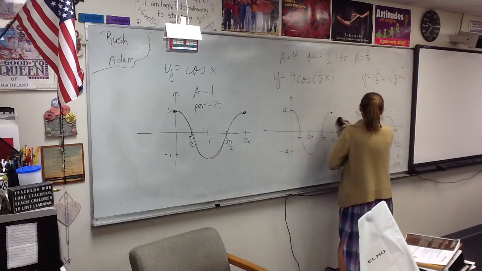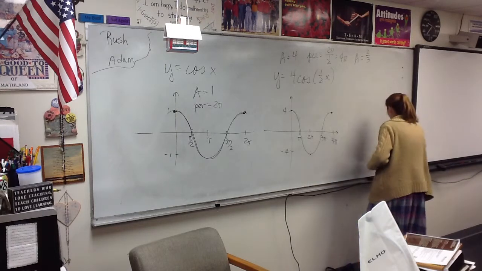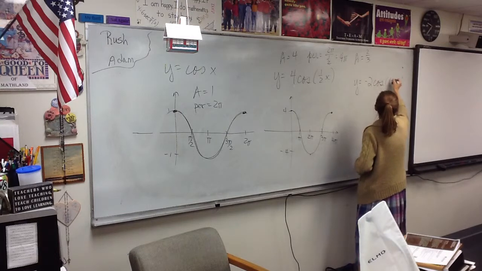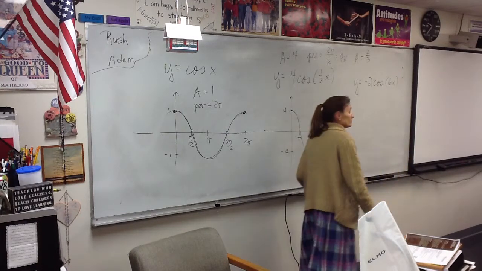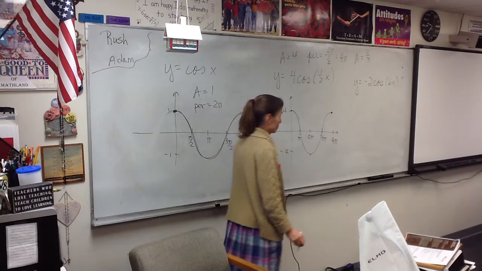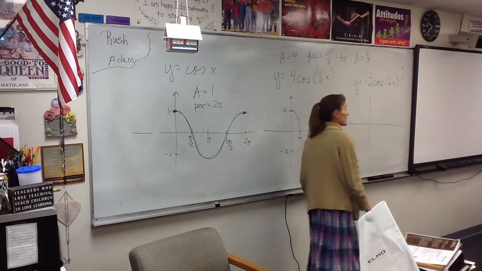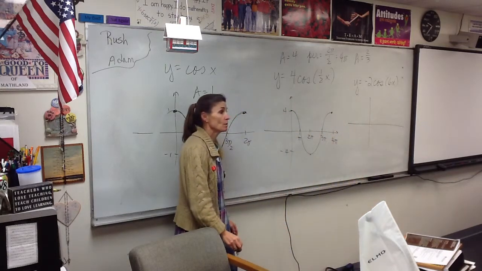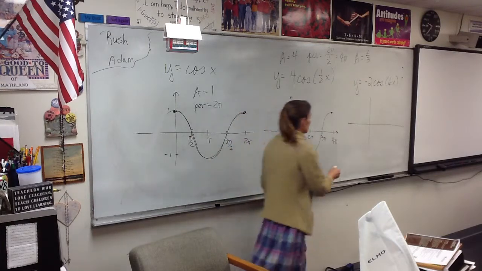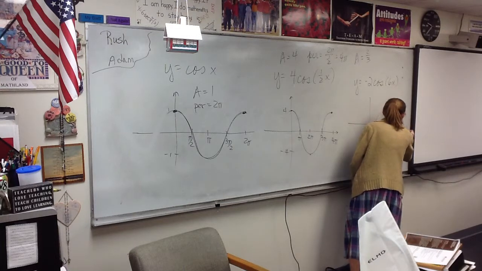We'll do a -1, a negative cosine. How about negative cosine? Any idea what that looks like? We're gonna flip this, right? So it's going to start actually down here and do this.